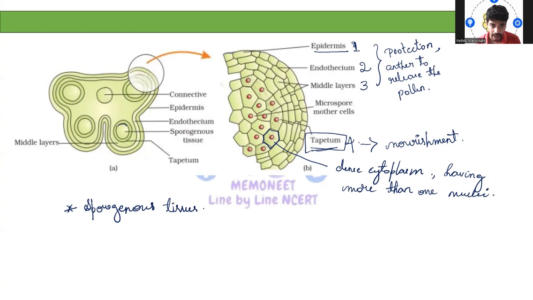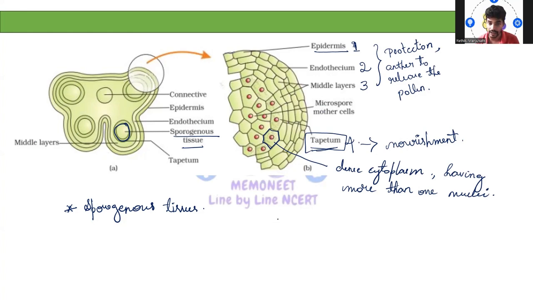Can you see here? Here you will be observing compactly arranged sporogenous tissue. This is one thing. They normally occur in the middle, that is the center of the microsporangium. It normally occurs in the center of what? Microsporangium.